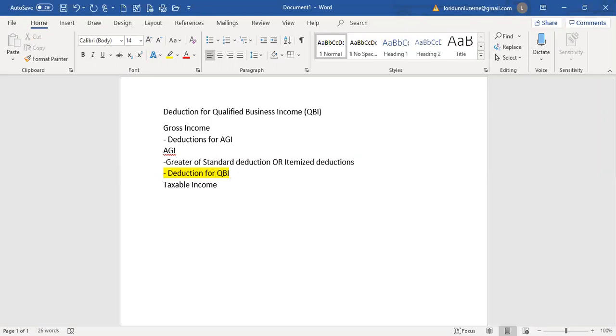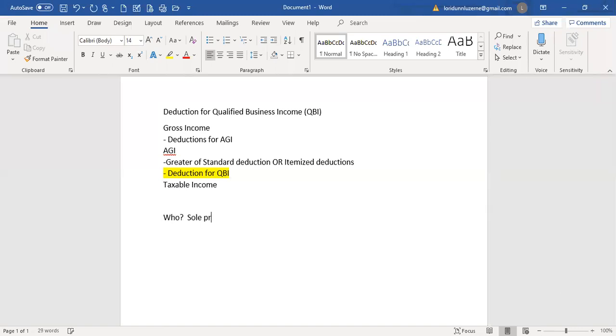So first of all, people who are allowed to calculate and deduct this on their tax return are basically those in small businesses that report their profits on their return. So who?